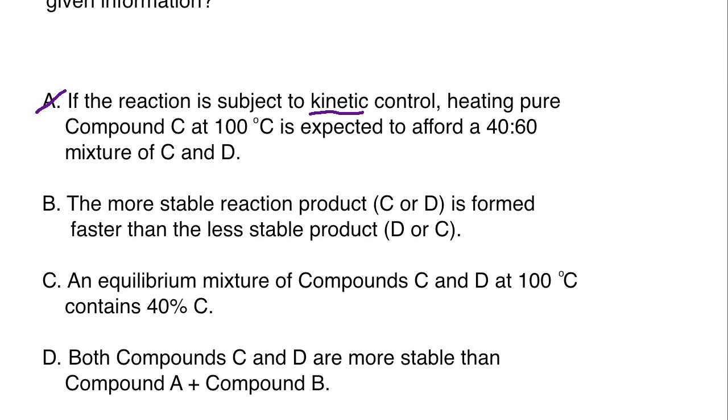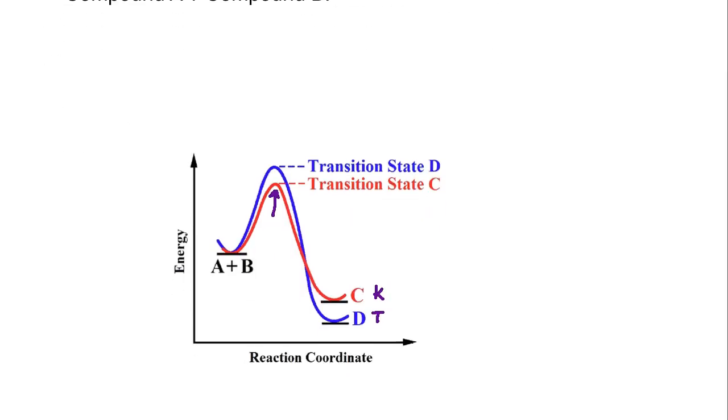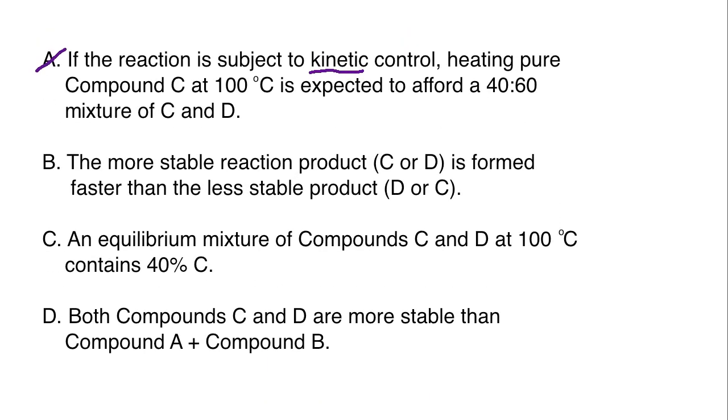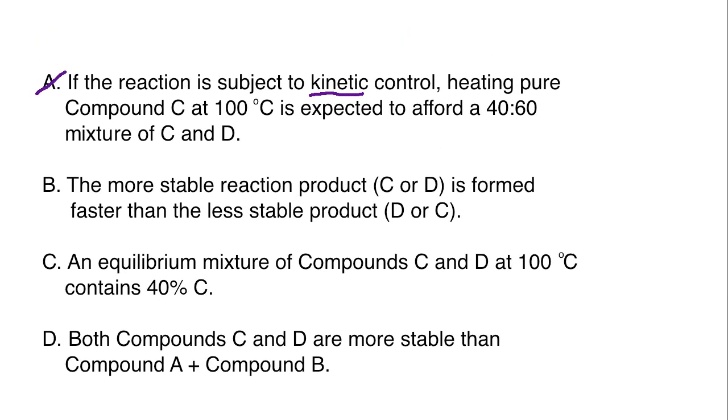So if we're talking about a 40-60 mixture of C and D, that's favoring D at 60. And again, we just said that D is the thermodynamic product. So to favor D, we would not expect kinetic control. If we're controlling the reaction kinetically, we would expect to see more C than we do D.